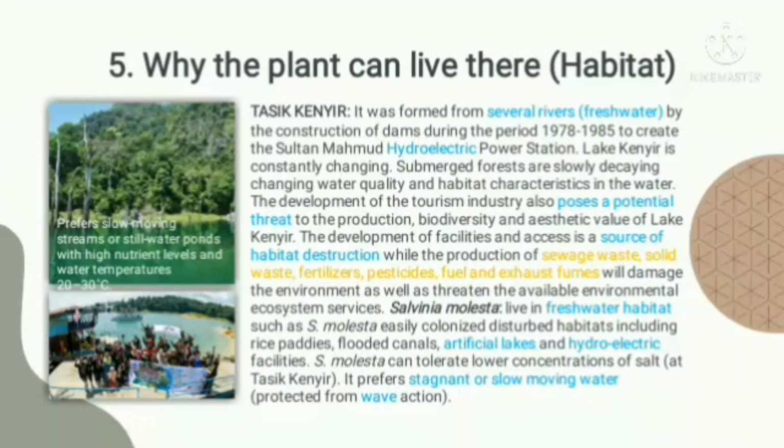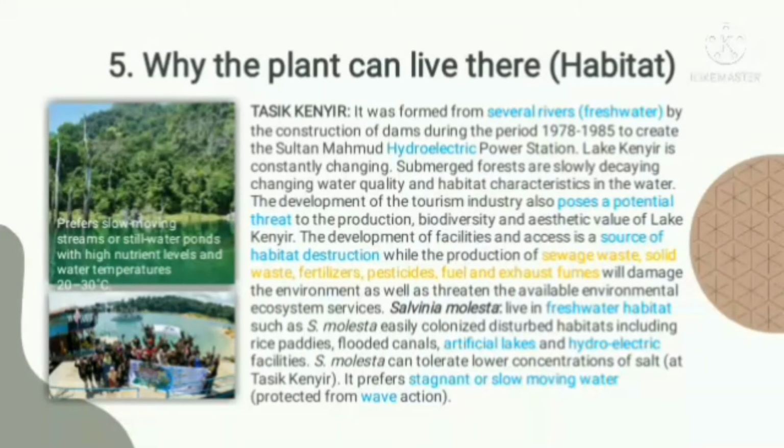And in Tasik Kenyir, the development of facilities and access is a source of habitat destruction, while the production of sewage, solid waste, fertilizers, pesticides, fuel and exhaust humus will damage the environment as well.